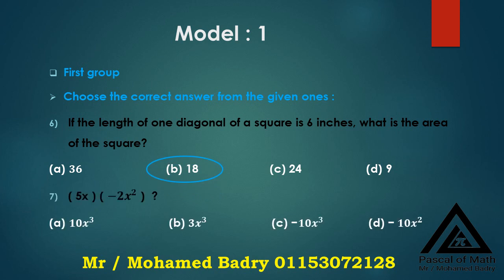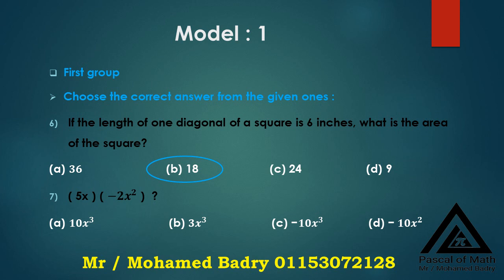Now question 7. 5x times negative 2x power 2. If there are two brackets without minus or plus between them, that means there is a small times between two brackets. Now 5 multiplied by negative 2 equals negative 10. Okay.